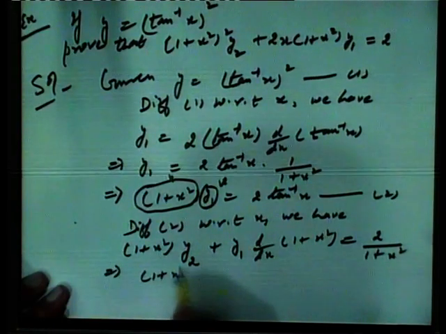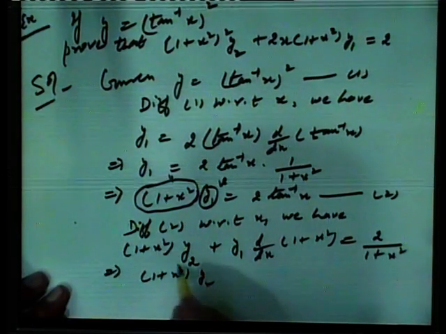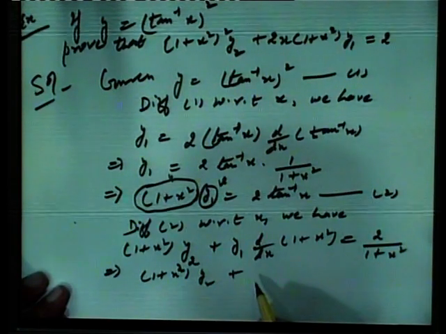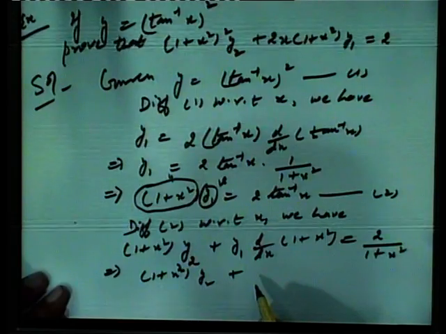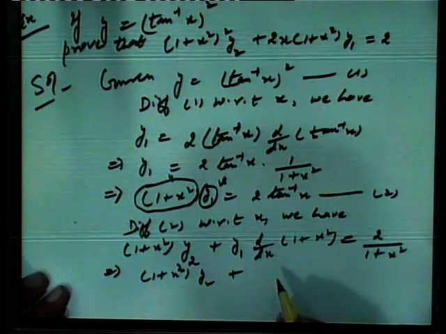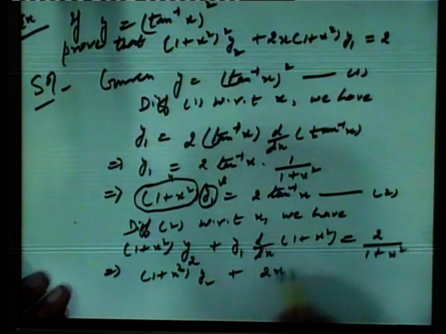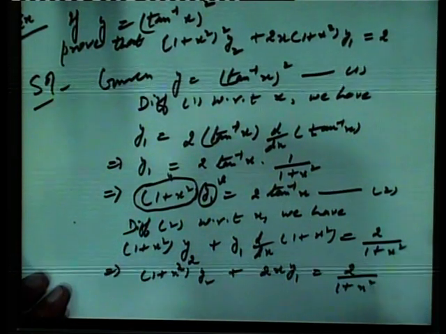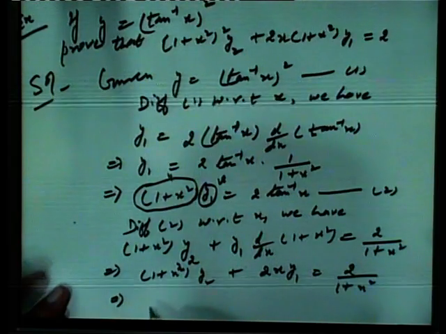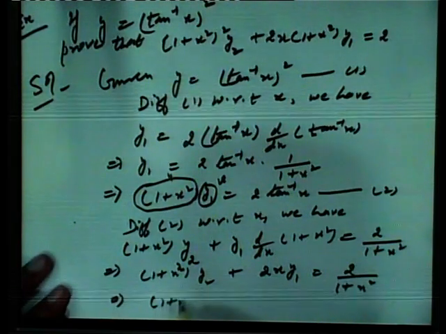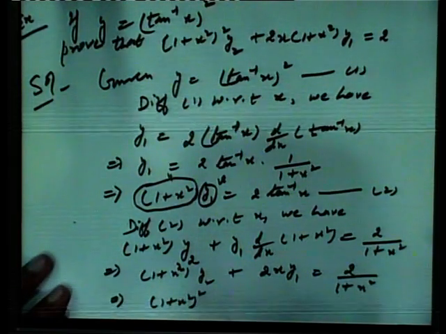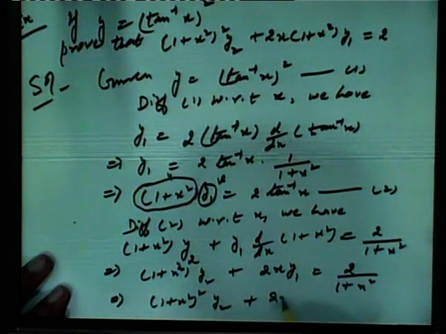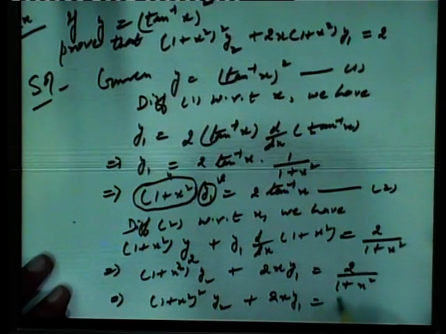So, 1 plus x square into y2 plus the differentiation of 1 plus x square, which is 2x, into y1 is equal to 2 times 1 over 1 plus x square. On cross multiplication by 1 plus x square, we get 1 plus x square whole square into y2 plus 2x into 1 plus x square y1 is equal to 2.